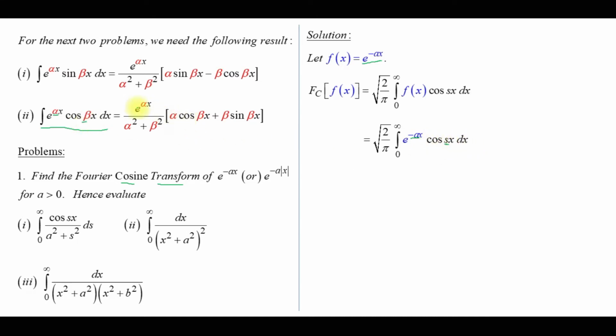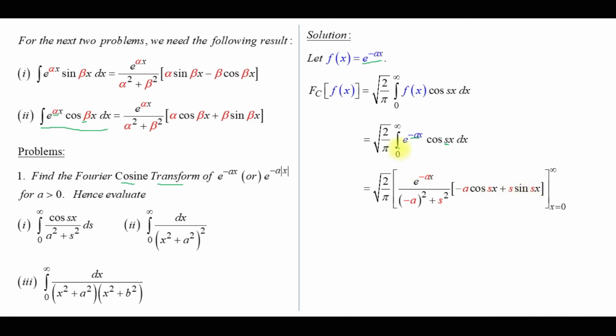The formula gives e^(−ax) divided by ((−a)² + s²) into (−a cos sx + s sin sx), with square root of 2 by pi outside.